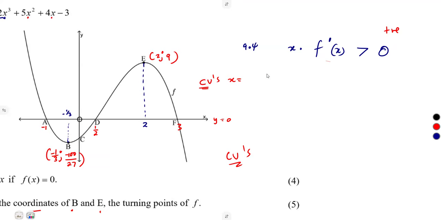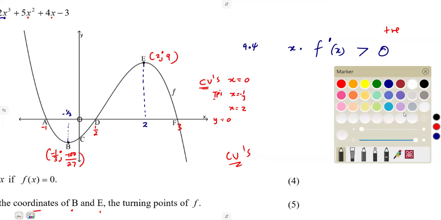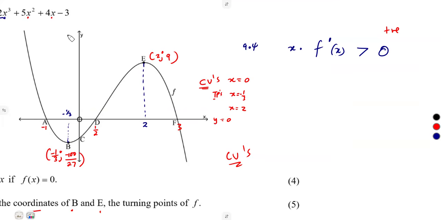Then for the first derivative, remember I said, guys, when you're dealing with the first derivative like this, you work with the turning points. So our turning points, the x value we need at b, where x is minus a third. So x is minus a third is a critical value. And another turning point at e, where x is 2. So these are the critical values. x is equal to minus a third at a turning point.